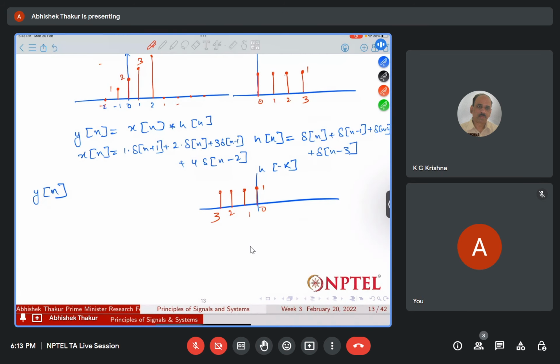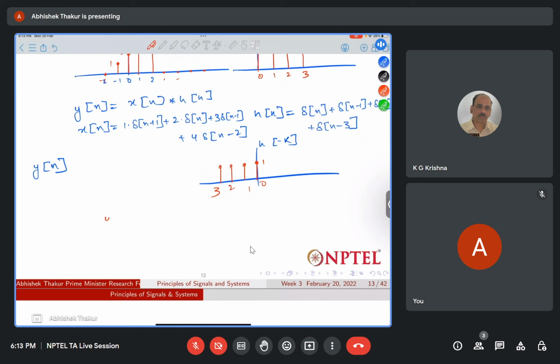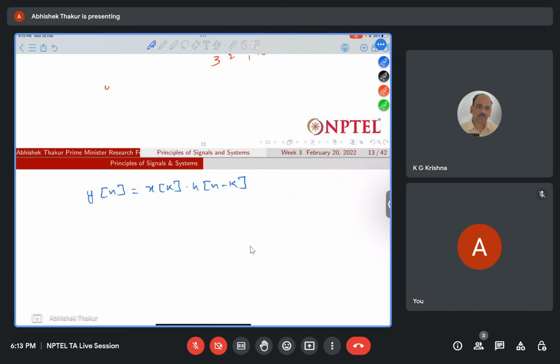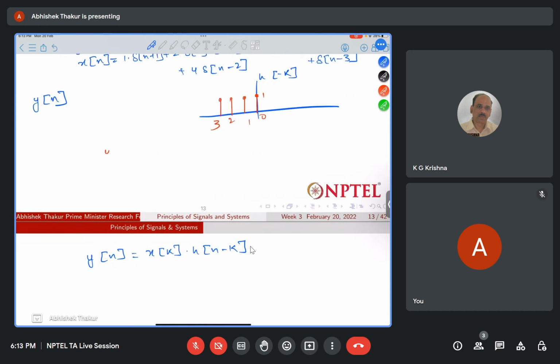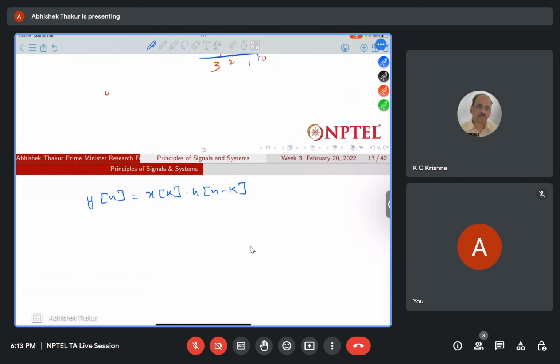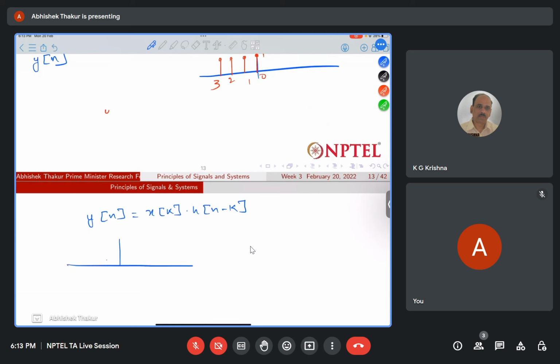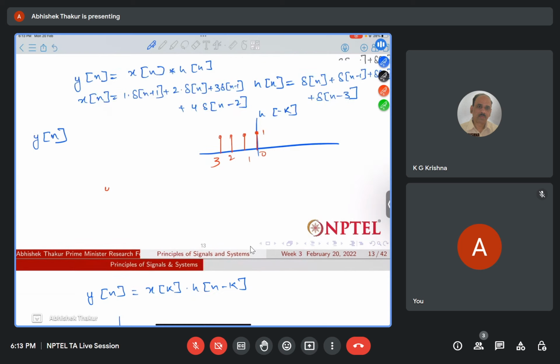So this is our h of minus k. So we have to just shift h of n minus k, and then we have to write y of n is equal to sum of x of k into h of n minus k. Our x of k is here from -1 to, but for discrete mostly we can solve using this method.